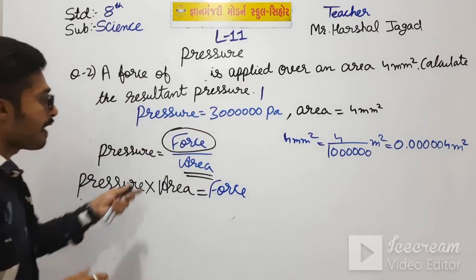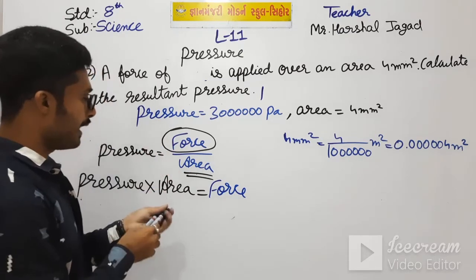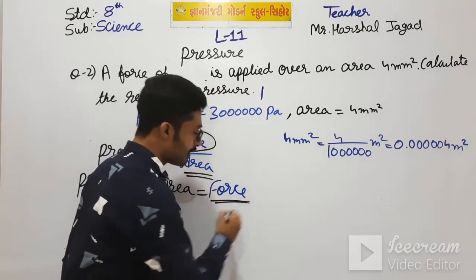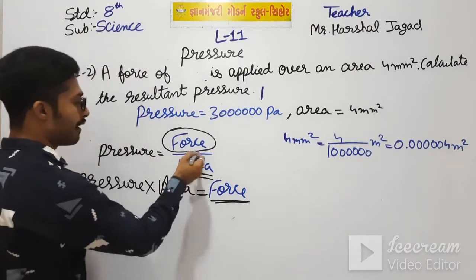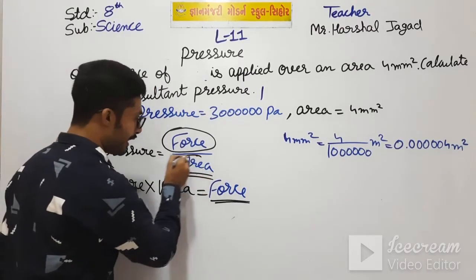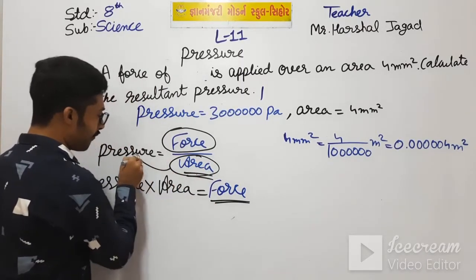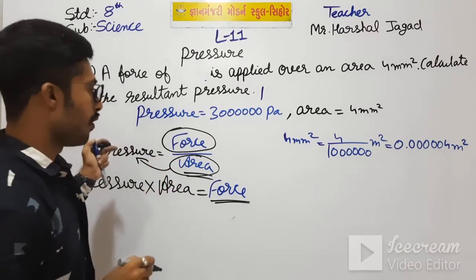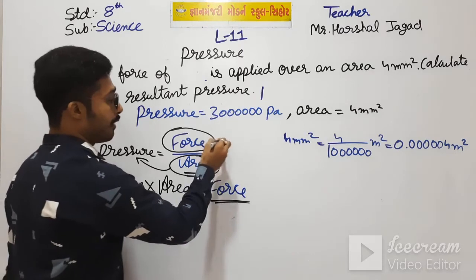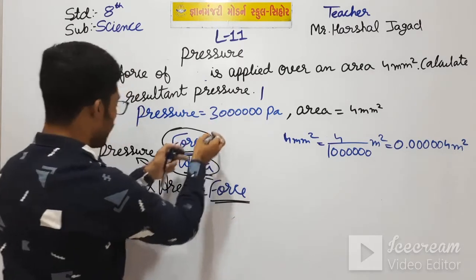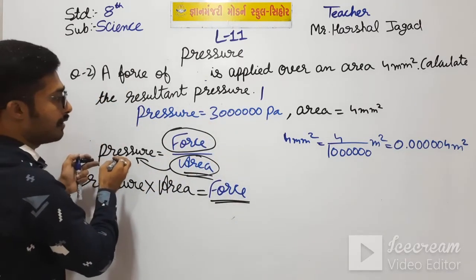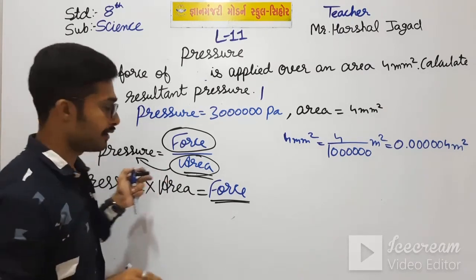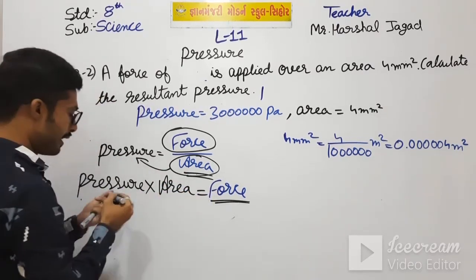Okay students, what I have done, I have made the force subject of formula. So here the area is in division. So if it goes this side, then it will come in multiplication. Okay students, if the area was here in multiplication, if it comes here, then it will be in division. So this will come in division.